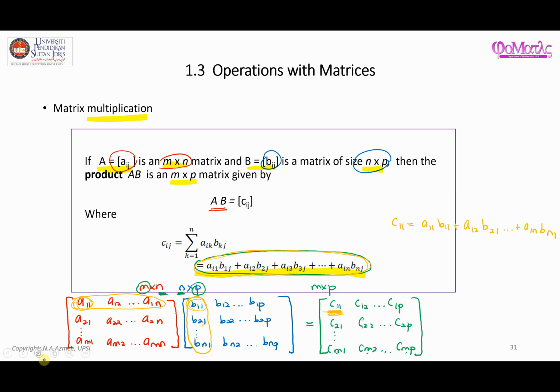Now let's try to understand how we can find the result for, for example, this position.